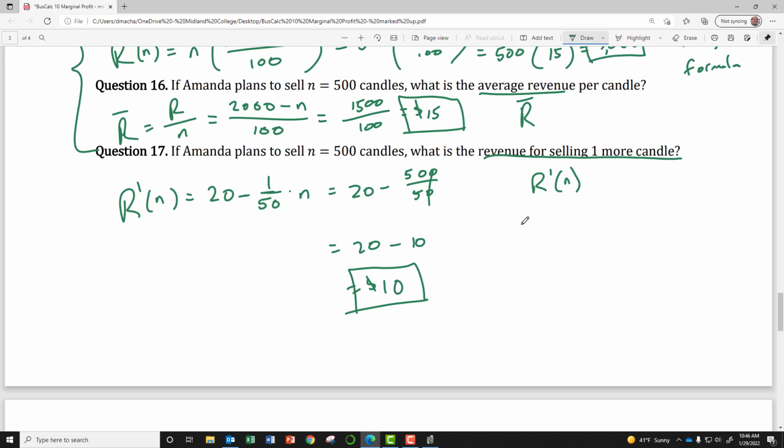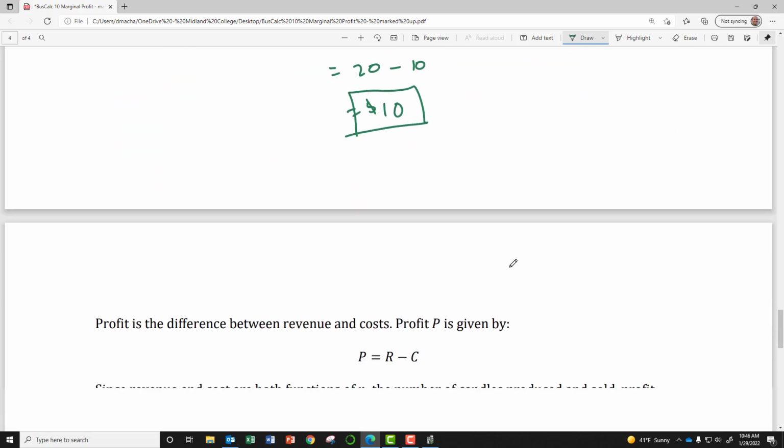And lowering the price is not just for that last candle, but we're assuming that the price is constant throughout the entire farmer's market. And so we're talking about lowering the price for all 501 candles. So yeah, you get the revenue from the one additional candle that you sell, but you have to lower the price just a little bit for all 501 candles. And so the net effect is going to be an additional $10 of revenue for selling one more candle. And so this is the marginal revenue at N is equal to 500.